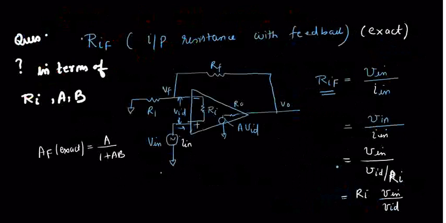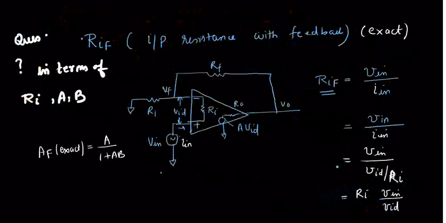This is the equivalent circuit of your open loop op-amp, only this part, right? Now you are asked what would be the input resistance of this circuit, this box, right? Because when we discuss input resistance and output resistance, we just see the whole circuit as a box.